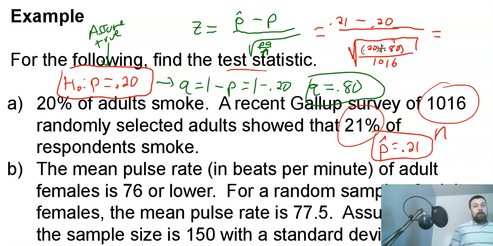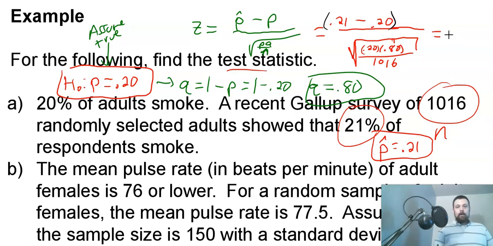When I go to type this into my calculator, many students like to just type it all in at once, which is fine. But this numerator, while on paper you don't need parentheses around it, when you type it into your calculator you might. So parentheses 0.21 minus 0.20, close the parentheses, divided by the square root of 0.2 times 0.8 divided by 1016 in the square root.